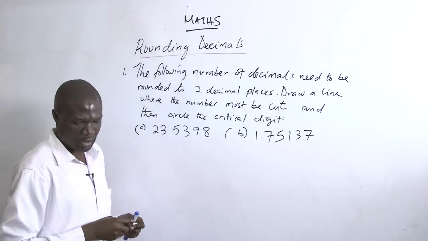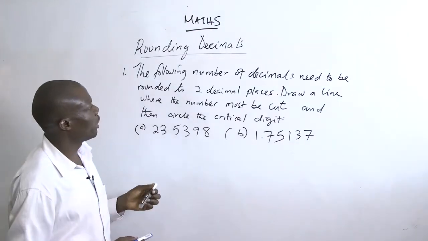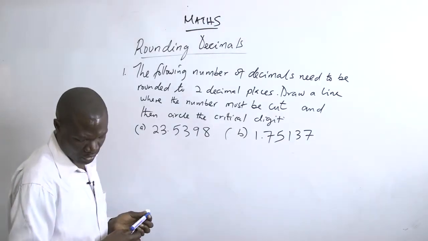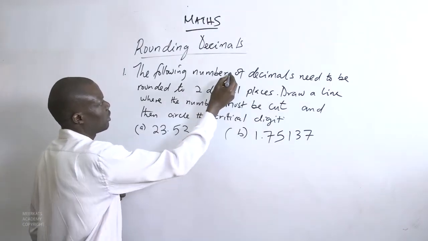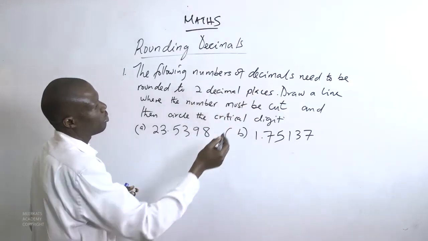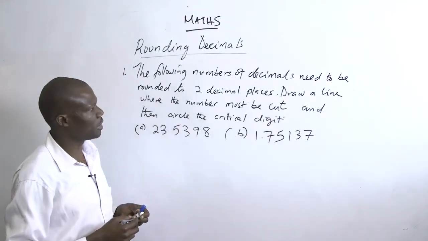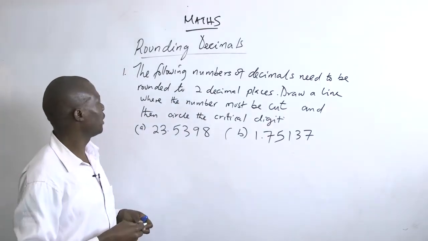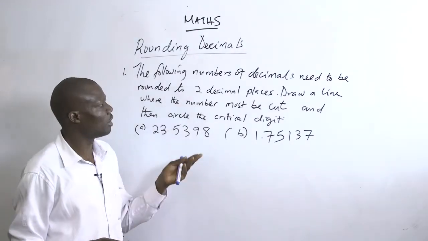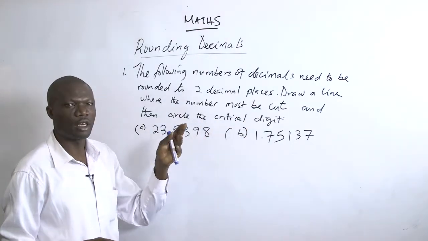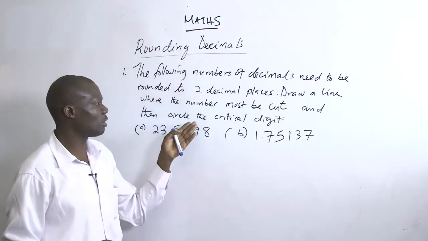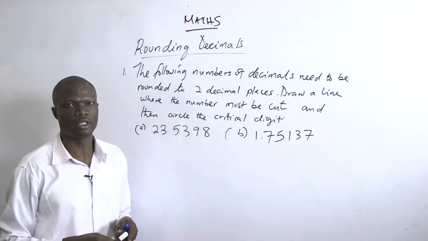So we have the question: the following numbers of decimals need to be rounded to 2 decimal places. Draw a line where the number must be cut and then circle the critical digit.